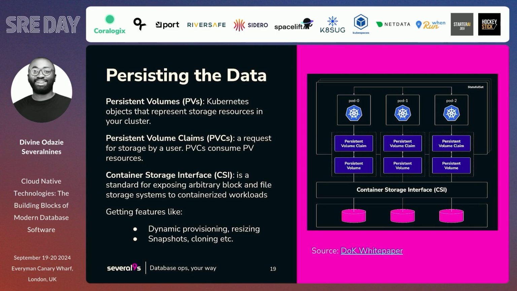But then again, you can think about it, the PV and PVC have a one-to-one relationship. And earlier on, when I started learning about data on Kubernetes, I was like, okay, why do they have a one-to-one relationship? Why shouldn't I just connect to a PV, a persistent volume, and access the data? But then I read more about it. I understood the abstraction layer.